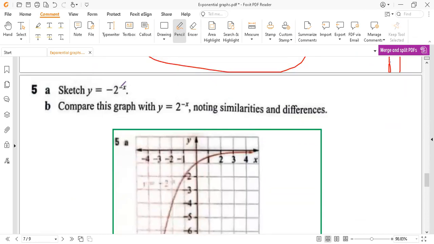So easy. But here we have a combination of the two: minus 2 power minus x.